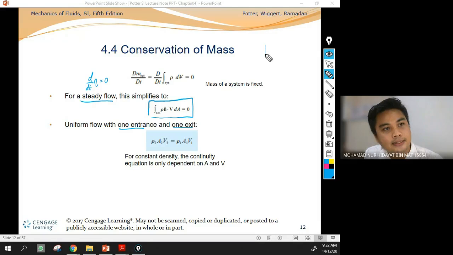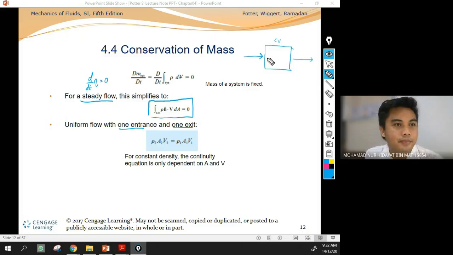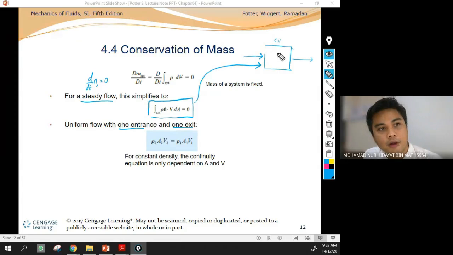So, okay, for example, this is the control volume. There is flow in here and flow out. All right. This is a cylinder. So in order to apply this equation to this form of model, right? I think this is not good.